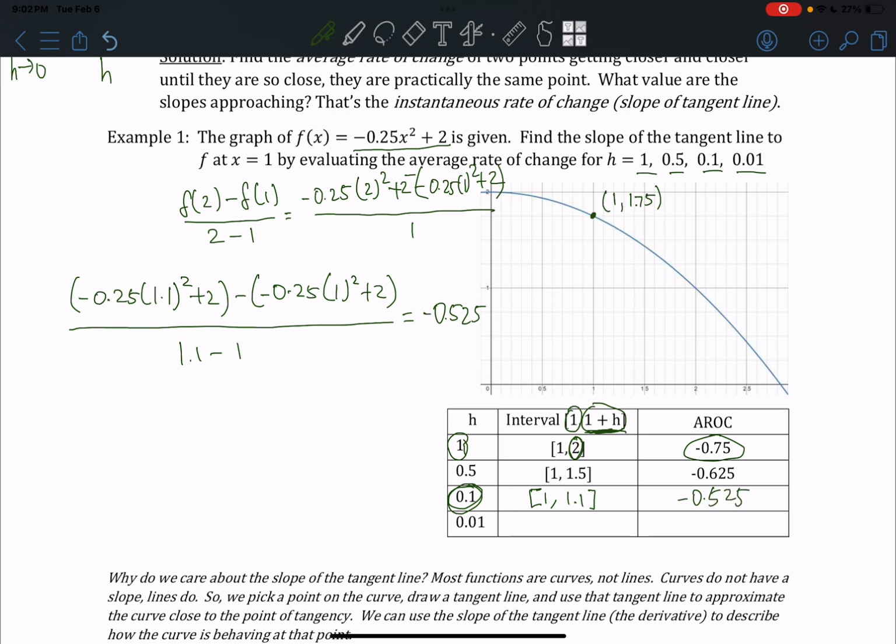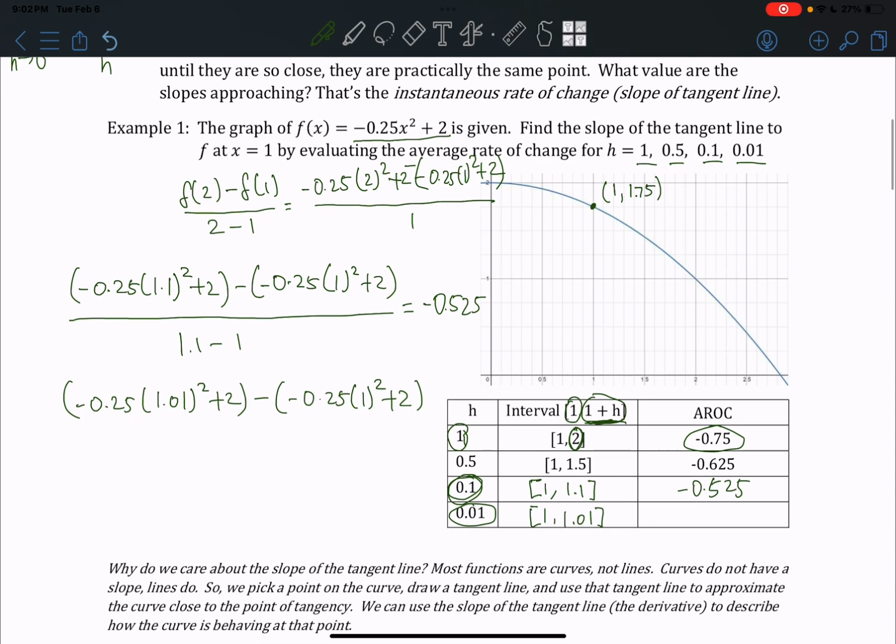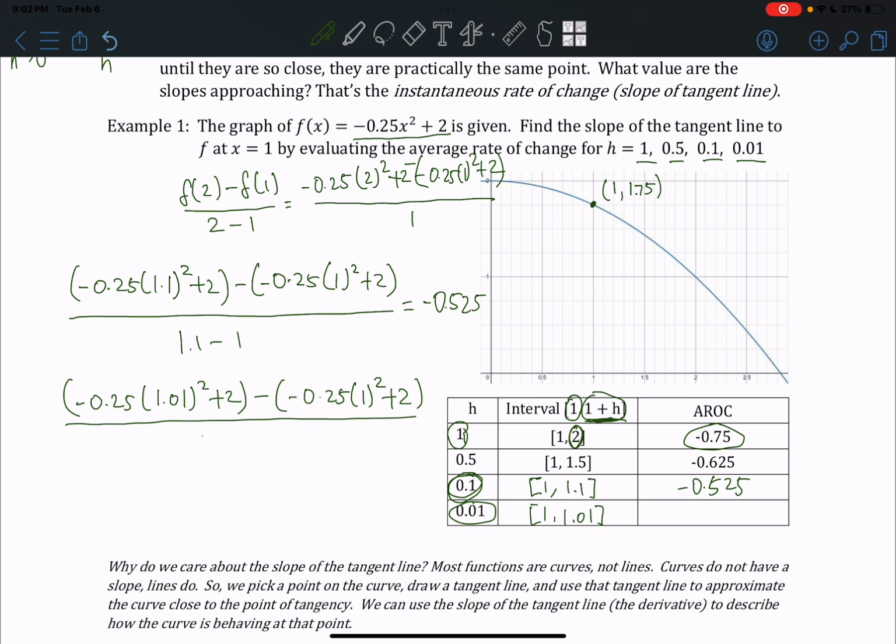Okay, let's try one more. Plug in the 0.01. That means I'm working with interval 1 comma 1.01. So the function I'm punching into the calculator is 0.25 times 1.01 squared plus 2, minus negative 0.25 times 1 squared plus 2, all over 1.01 minus 1.